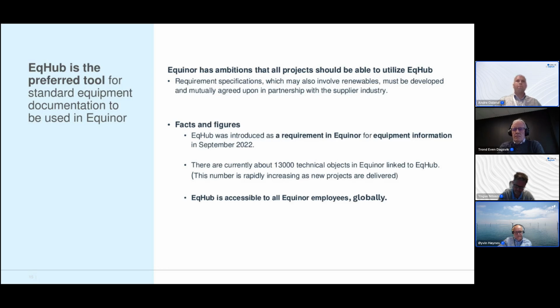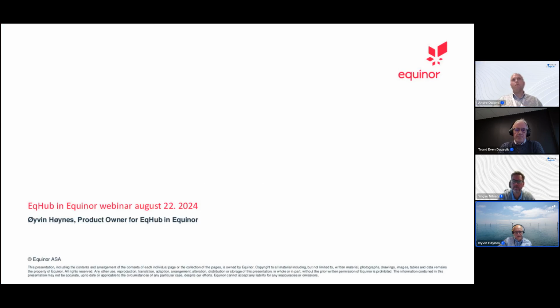So that's a very high level from me. If you're more interested in details, I invite you to contact me and give a more detailed presentation of this. Thank you.